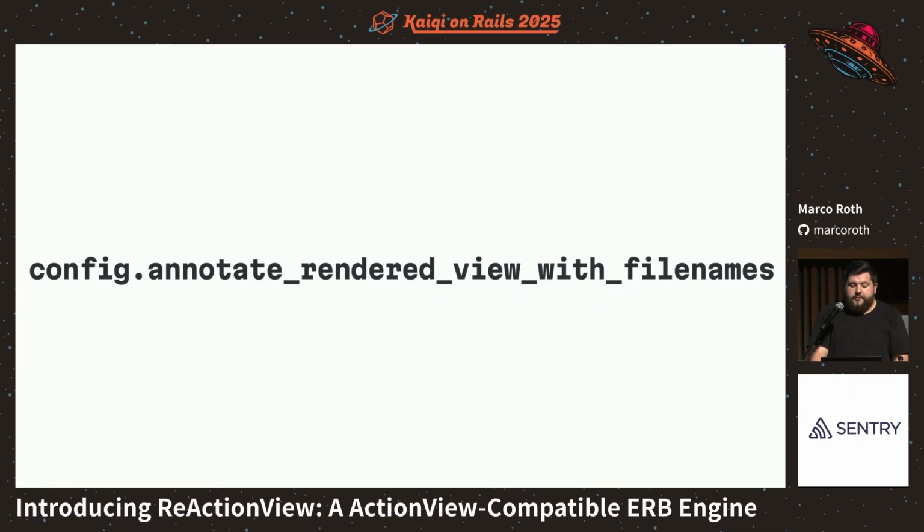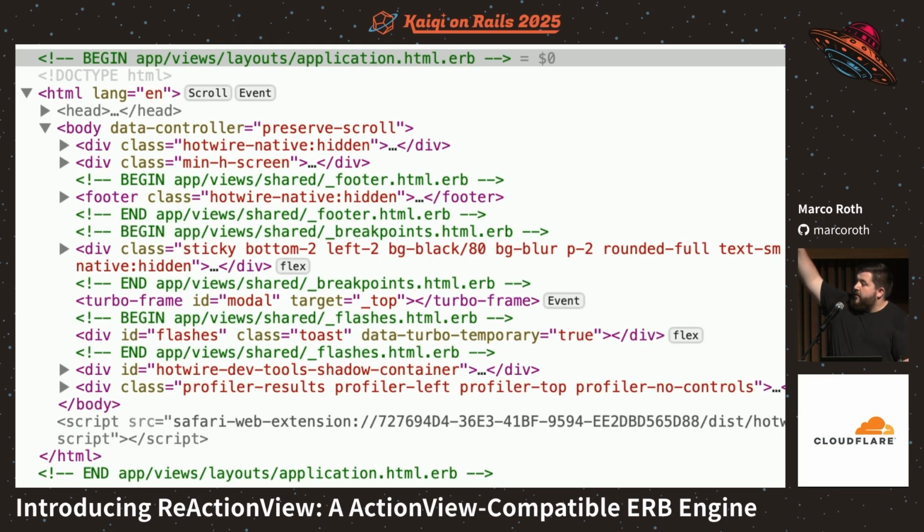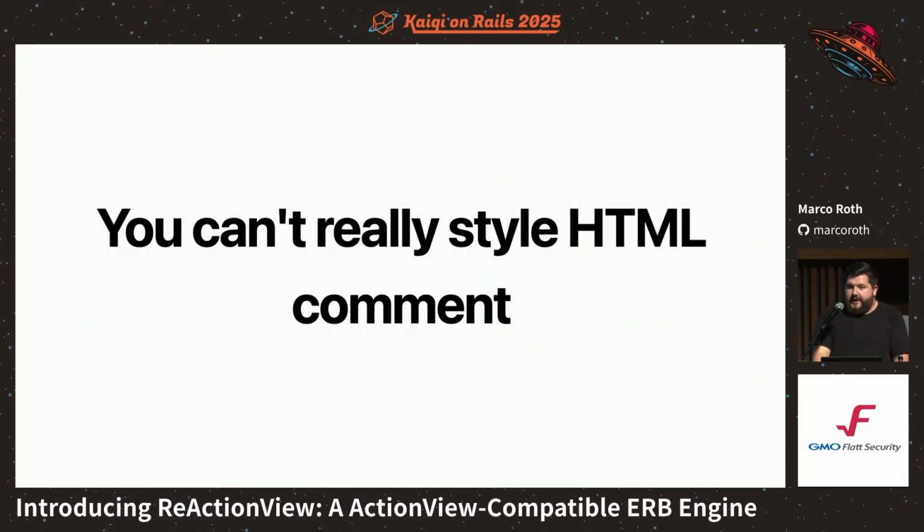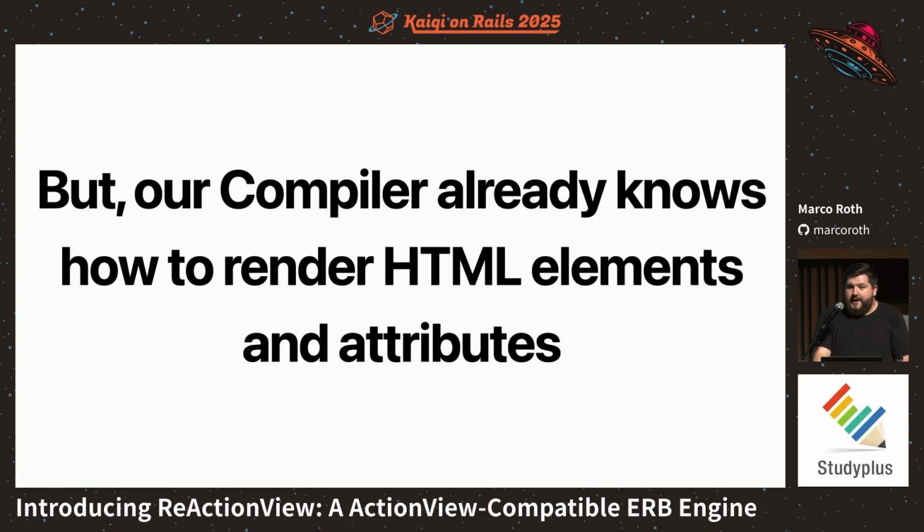The other cool feature about ActionView is this config flag you can set in your application. And it will give you these comments at the top and the bottom that's the begin and end of the templates. The problem is that you cannot really style HTML comments with CSS. But our compiler already knows how to render HTML elements and attributes.